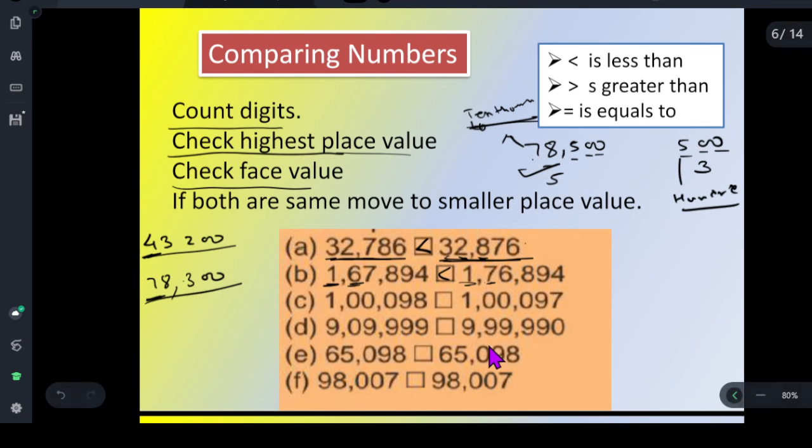Like this. Okay, now the third one. You can see 1,98,000 and 1,97,000. So which is the greater number? This one. So how will you give the sign to it? Like this. This means 1,98,000 is greater than 1,97,000.